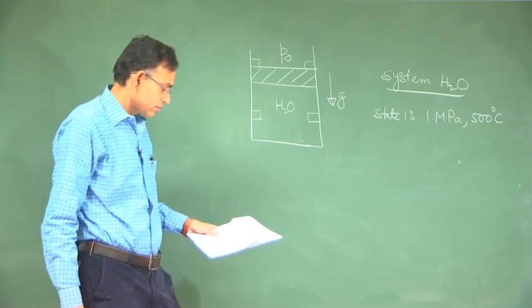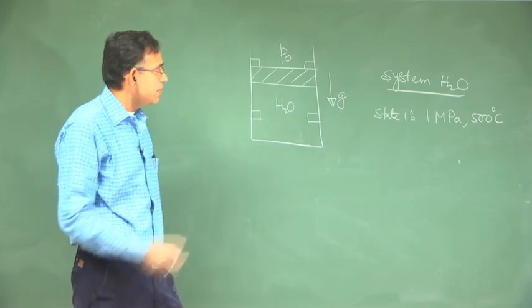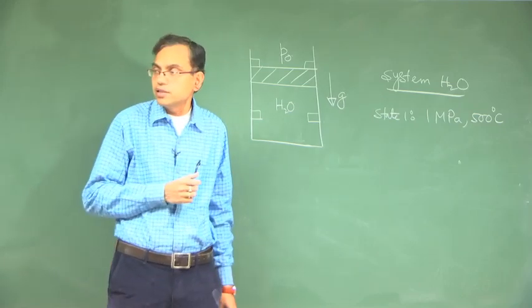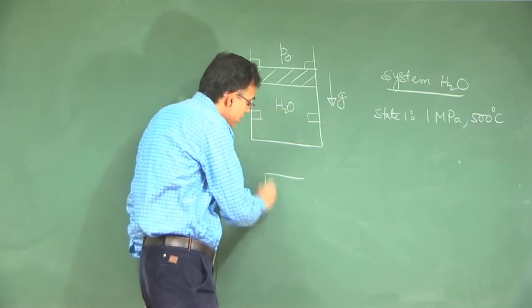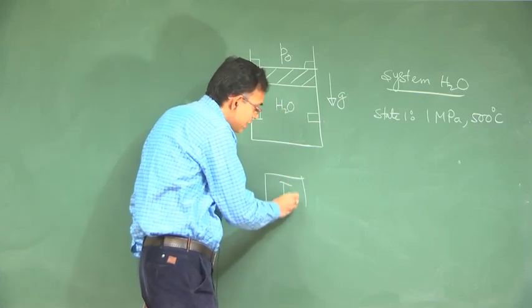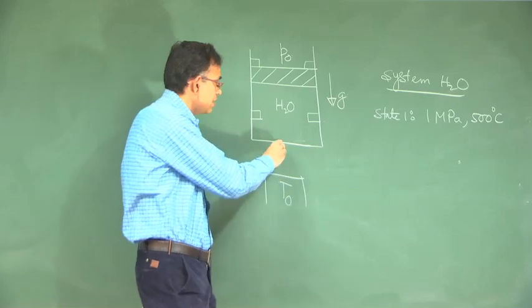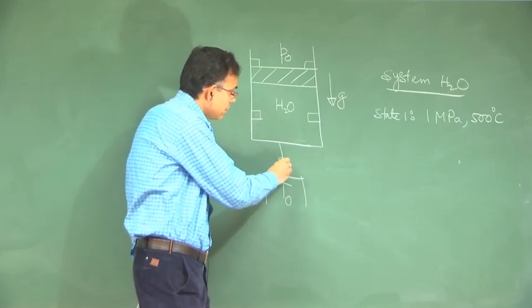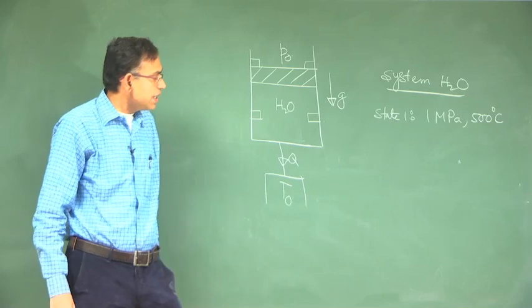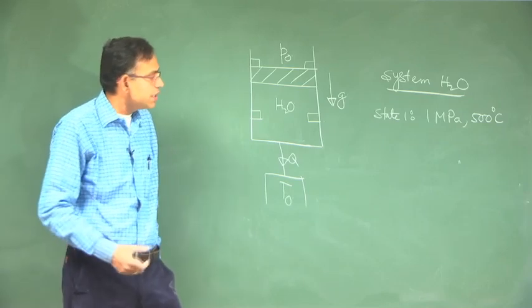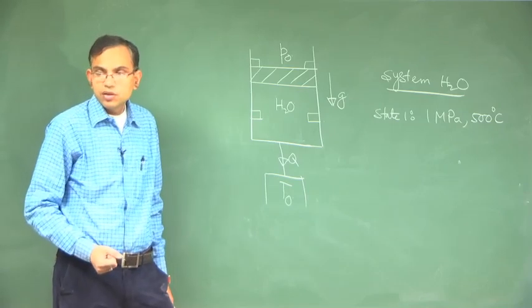Okay. So, then what is physically happening? Let us try to understand it. When heat is transferred from this to a thermal reservoir located maybe here at temperature T0, there is a heat transfer. So, when this heat transfer is taking place, when heat is being lost, what will happen?